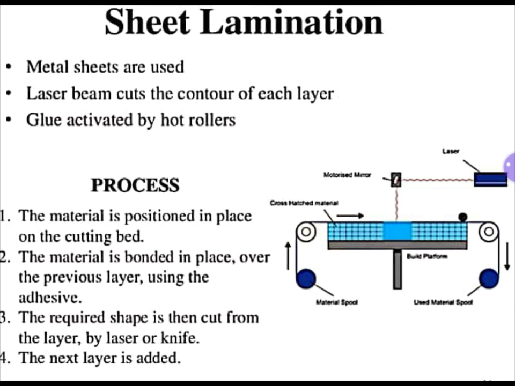So here we can manufacture the product by cutting the sheet material, or else we can weld the sheet material initially and then cut the sheet material with the help of a laser or electron beam.